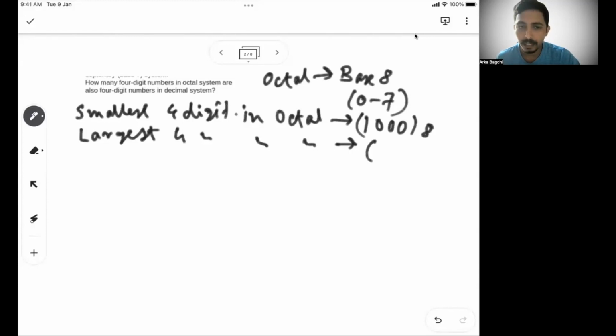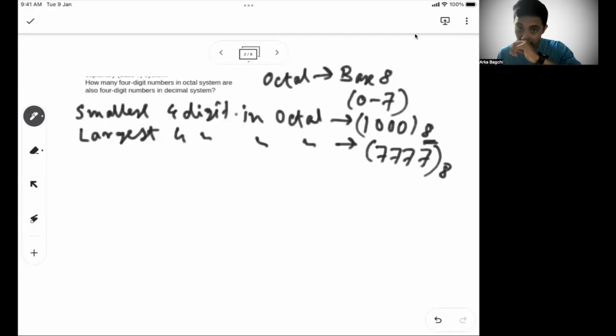When you put the 8 like this, it means the number is of base 8. There you have 1000 in decimal also, and 1000 in binary also. So unless you put this 8, it doesn't mean it is an octal number. By putting that 8, I am mentioning the base of that number and what base system I am using. So the largest 4-digit number I can think of is 7777, because 7 is the highest digit in octal system, like 9 is the highest digit in decimal system.